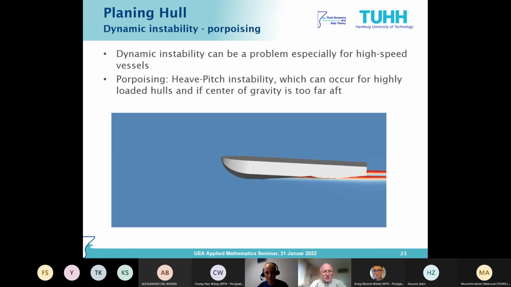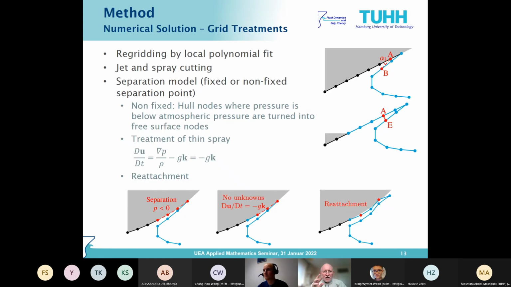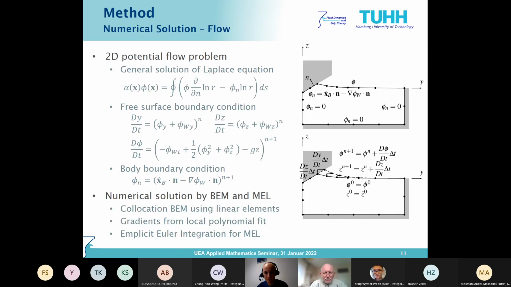I believe you showed the slide at the very beginning, even before that, when you explained how you update the position of the free surface and potential on it. Could be before slide 12 or 11. Yes, that one, the slide below. You can see that each node moves upward and then horizontally.